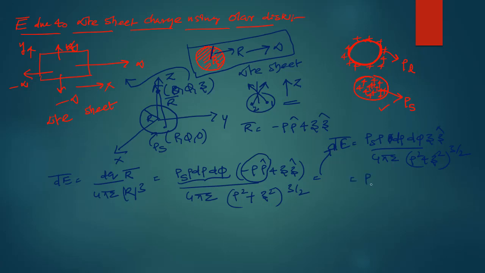Here rho s is uniform, so constant, 4 pi epsilon is constant, and z is constant, so we can take them out like this.